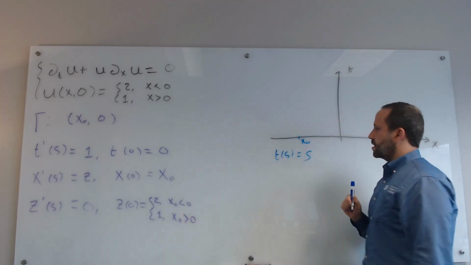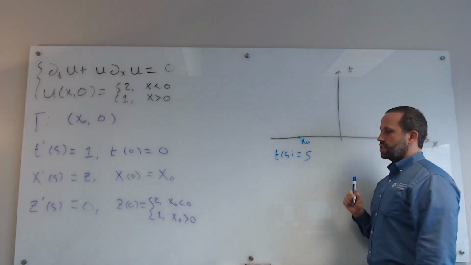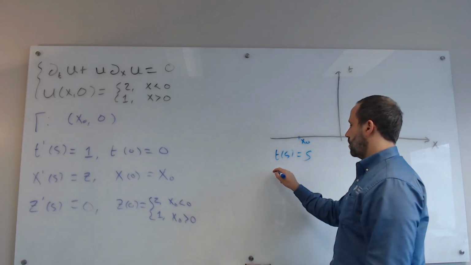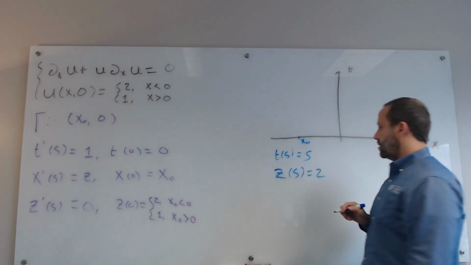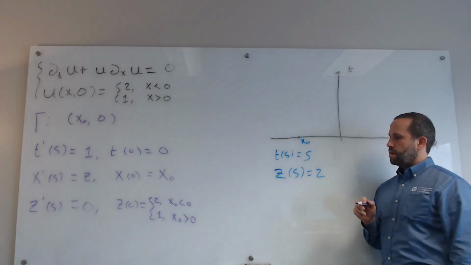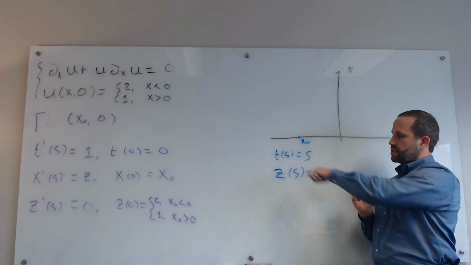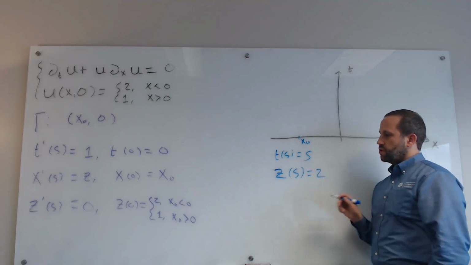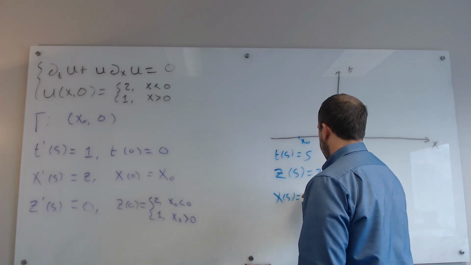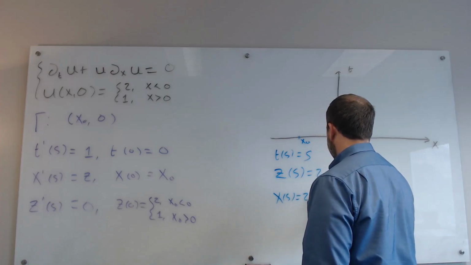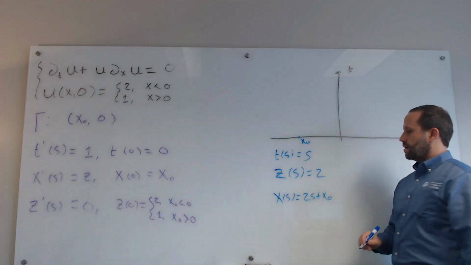So the characteristic that starts here, I know z is going to be constant, and I know it's going to be equal to 2. So that gives z(s) equal to 2. So this gives x'(s) equal to 2. So then x(s) is going to be equal to 2s plus x naught.